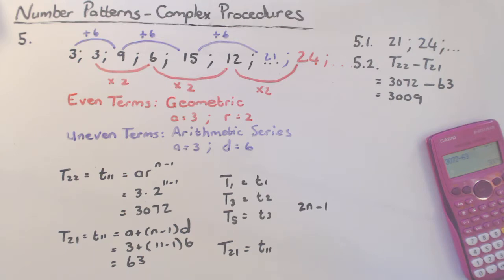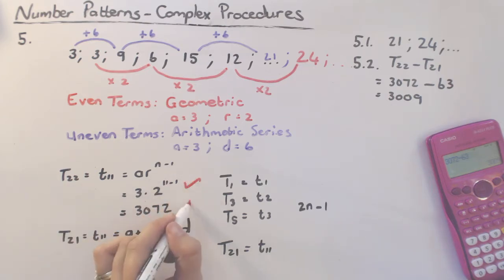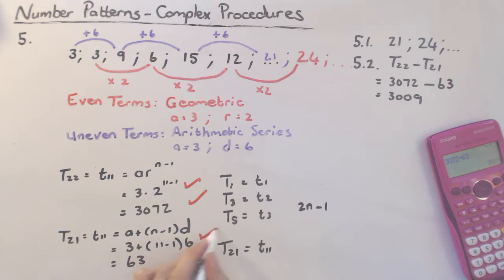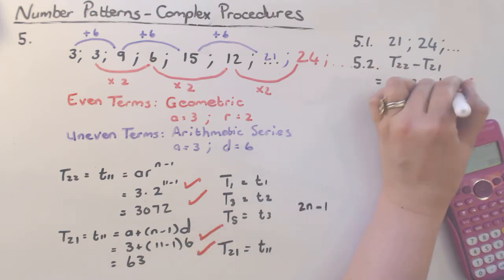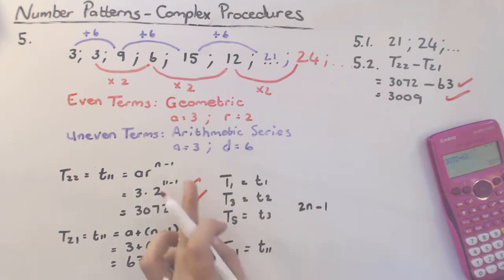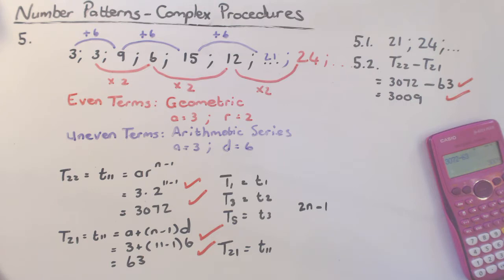I suppose probably the marks will be allocated 2 marks for calculating term 22, 2 marks for correctly calculating term 21, and then 2 marks for subtracting that, 6 marks like that.